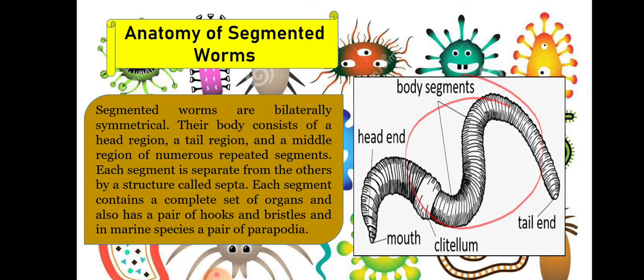So they are long, and each segment carries something special because they have loads of body parts duplicated in each segment. That means each segment can act on its own. If one segment is damaged, some annelids can go on living. Unlike us humans, if we lose a part of our body, we might be in a terrible situation.